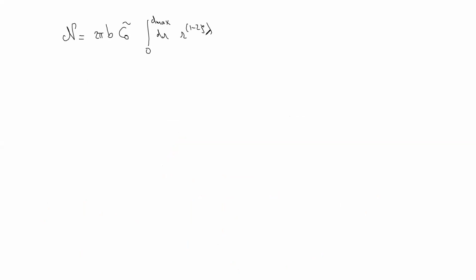All right, so it's a polynomial function. So I can just take r to the 2, 1 minus xi, divided by 2, 1 minus xi. This is the primitive between 0 and d max.